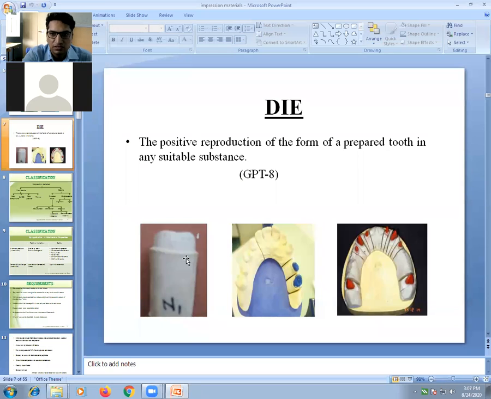So it is known as a die. A die is a positive reproduction of a single prepared tooth in any material, whether I pour it in plaster, stone, or die stone. Impression of the whole arch is known as a cast. The positive impression of a single tooth is known as a die.